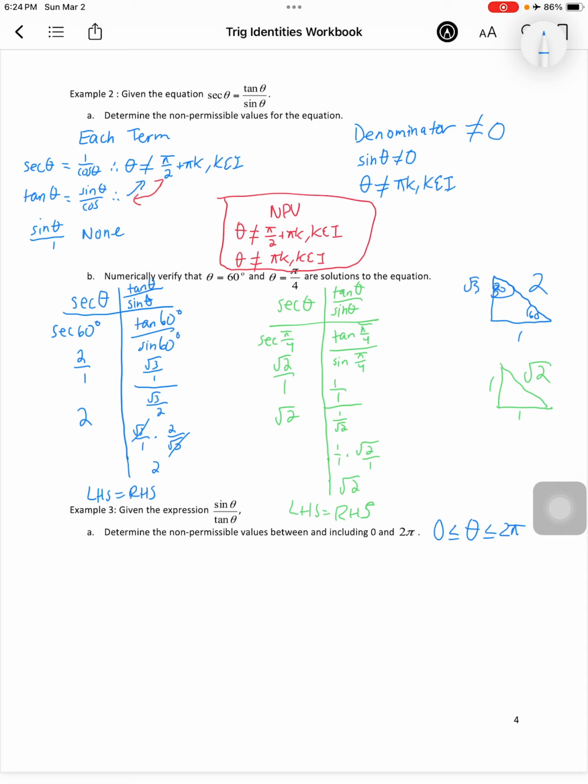So here it's the exact same setup, where we have each term and your denominator. So for each term, for sine theta, there is none.